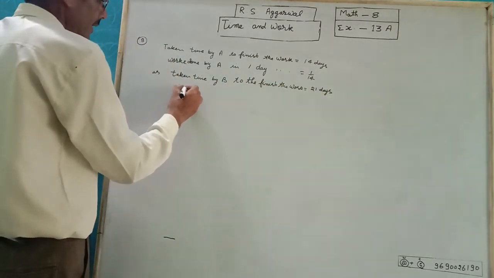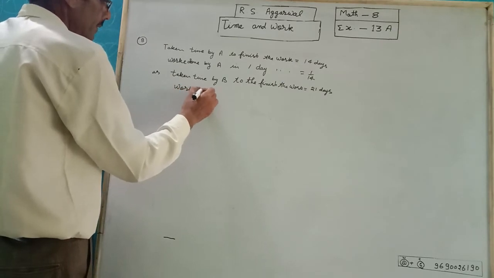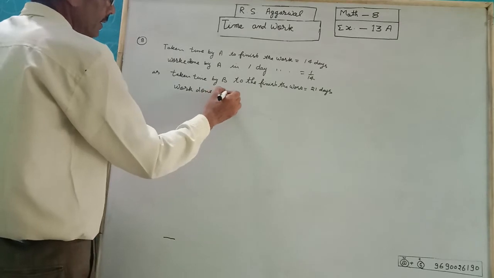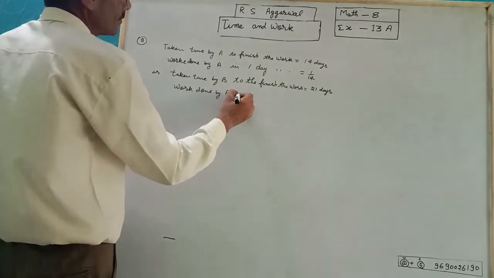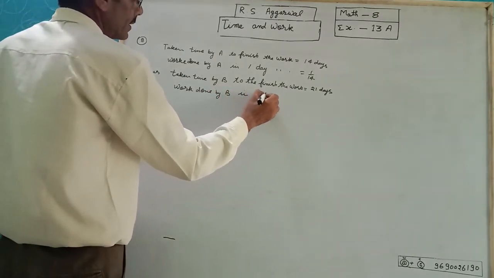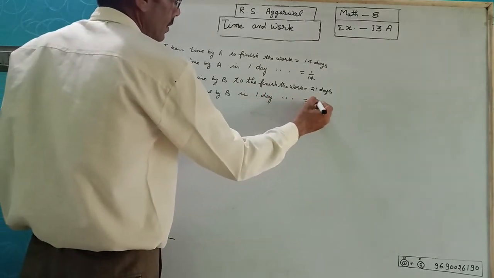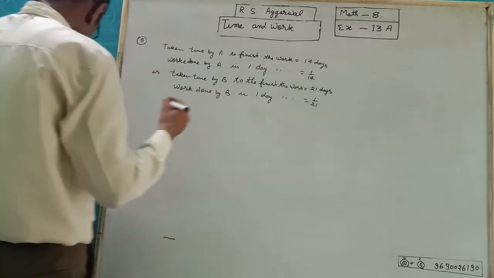Work done by B in 1 day: one day work will be 1/21.